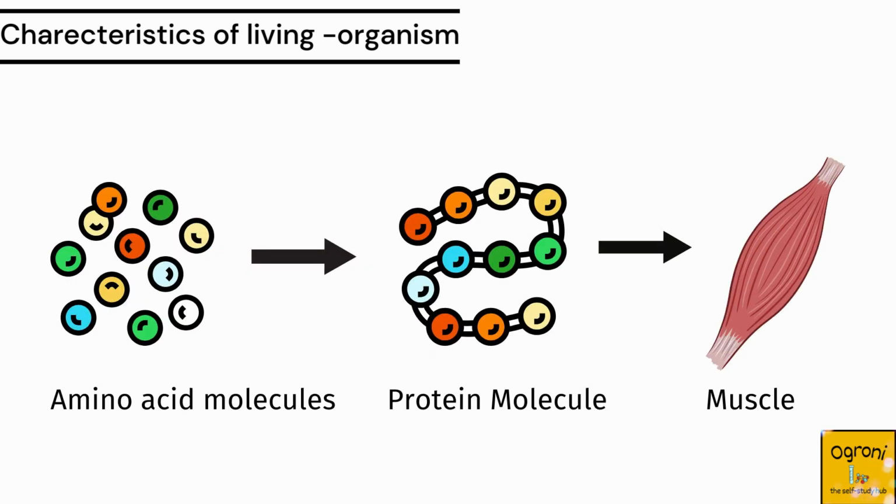Or the amino acids produced during protein digestion are again joined together to form a large protein molecule to build muscles, which help in growth, repair, and maintaining body tissue.